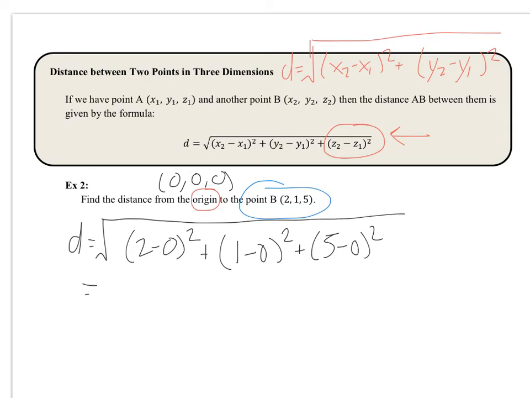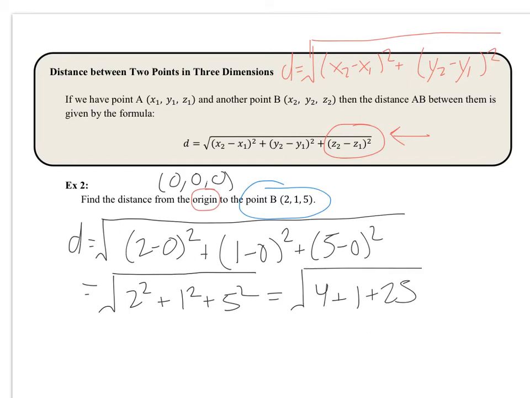So simplifying, this is 2 squared plus 1 squared plus 5 squared, which is equal to 2 squared is 4, plus 1 squared, which is 1, plus 5 squared, 25. Now all we need to do is sum those up. So 4 plus 1 is 5, plus 25, so this is the square root of 30.